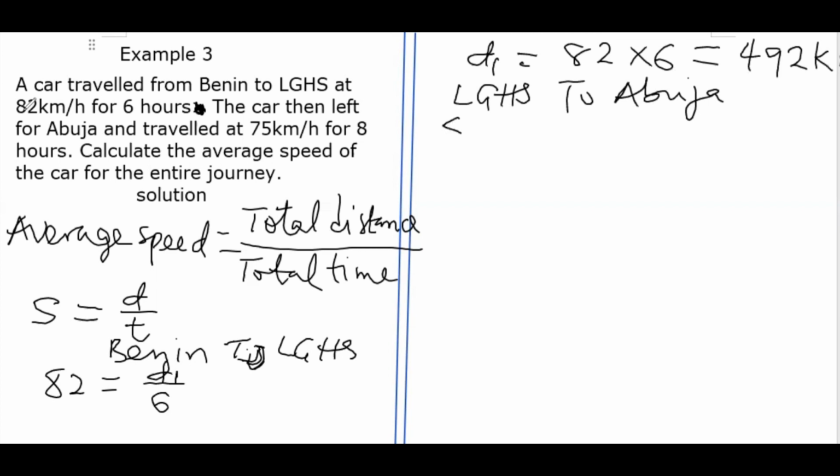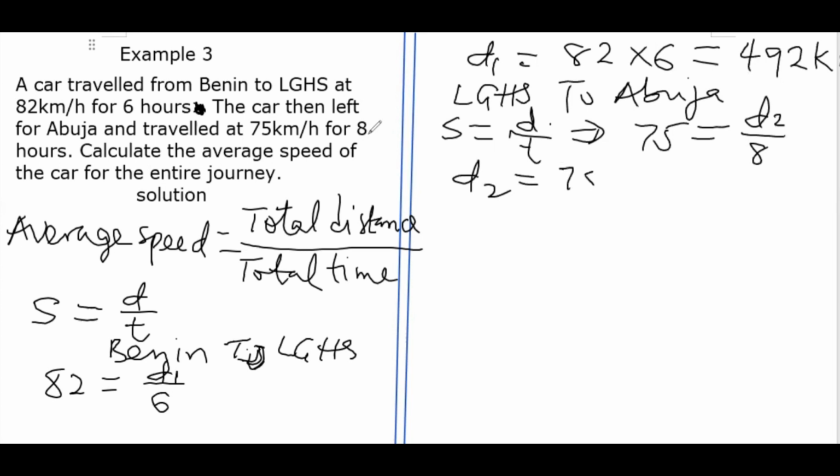Since speed equals distance over time, in this case the speed is 75. So 75 equals the distance, this second segment, let's call it D2, over the time taken, which they say is 8 hours. So when you also cross multiply, you get your D2 to be 75 times 8.